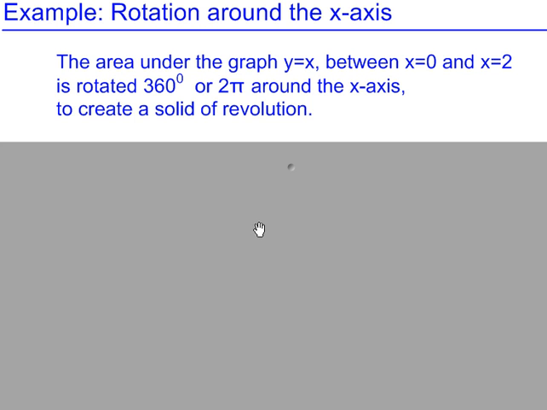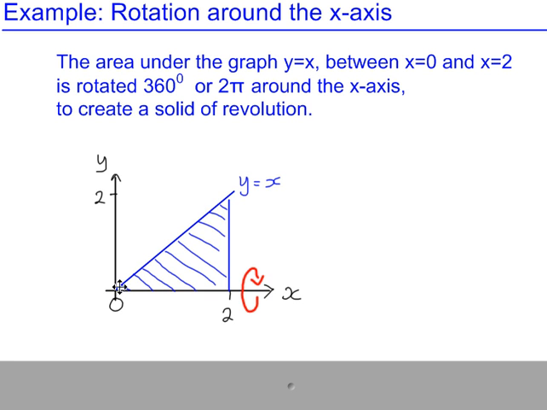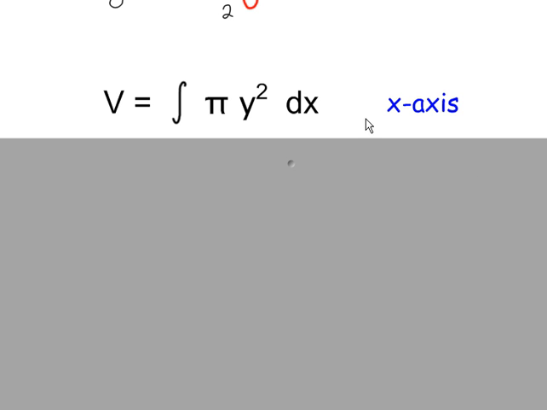Okay, let's have a look at an example. Now, this is the one that you've already seen about the cone. So the area under the graph y equals x between these limits is rotated one complete turn around the x-axis. That forms a solid shape. So start off by writing down the standard formula.